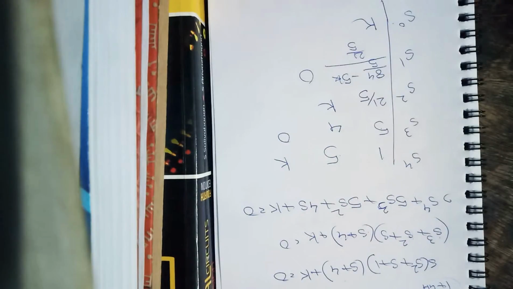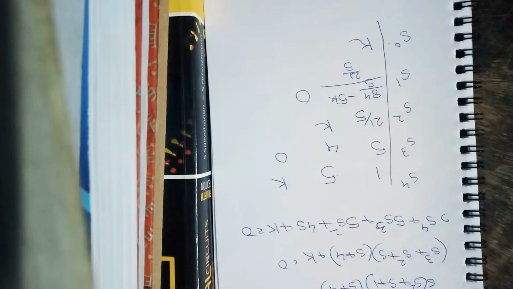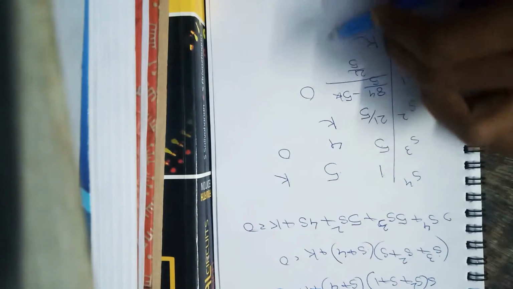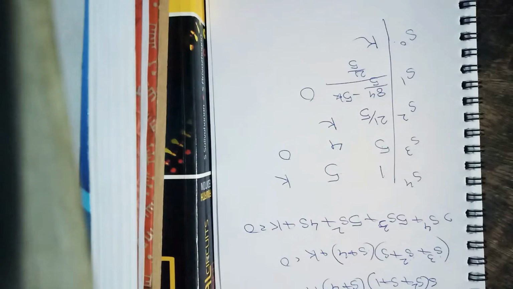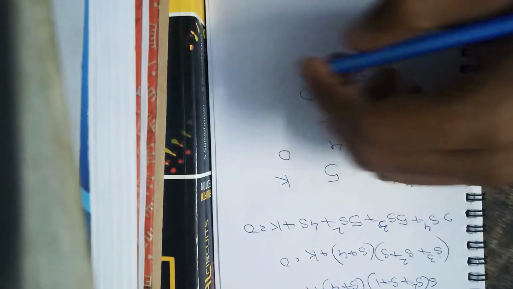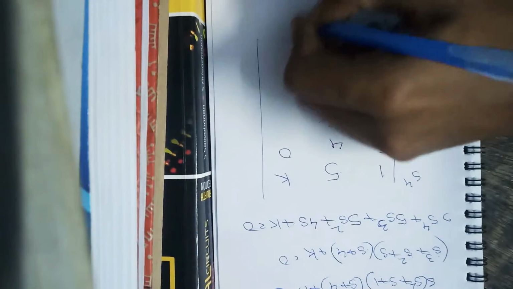Moving on, we need to find the values of K for which the system is stable. We know that this column should be all positive for the system to be stable. So the first criterion for stability is that K should be greater than 0.